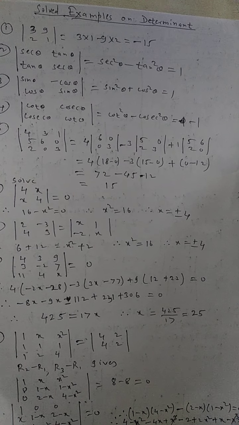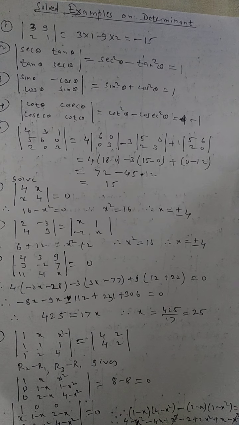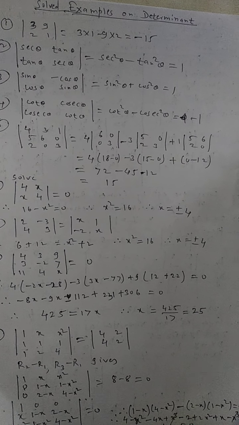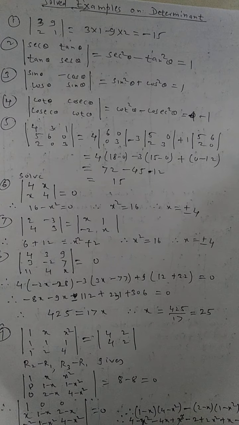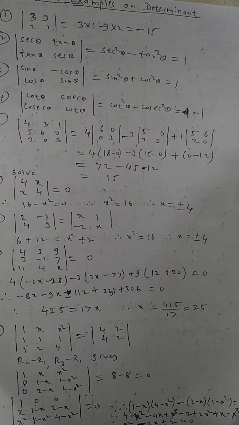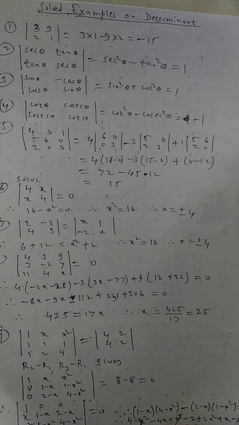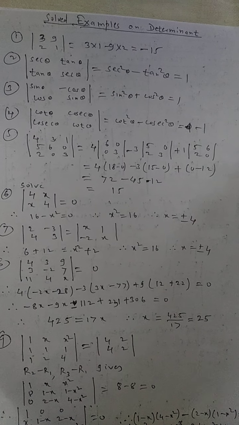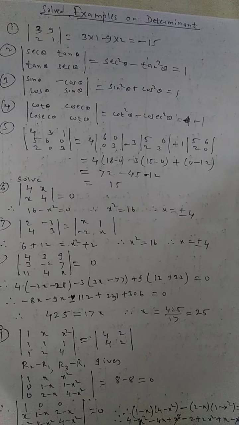And if all the elements of any row or any column are expressed as a sum of two terms, then that determinant is expressed as a sum of two determinants. So these are some of the properties of determinant which we have seen in the last lecture.